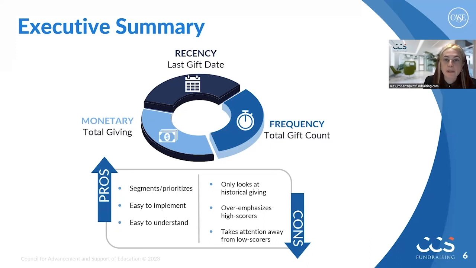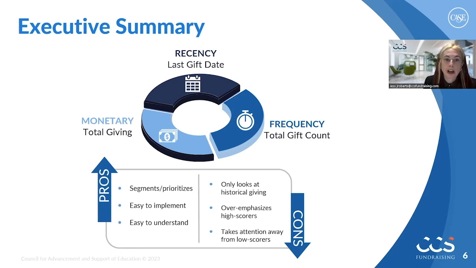Before diving into RFM some more, let's discuss some pros and cons. Starting with the pros, it's a great starting off point for you to really zero in on your best prospects, to look for opportunity, as well as optimizing your portfolios. It's a quantitative way to examine those who are the best prospects based on gift history, and it's a really easy to use tool and really easy to implement.